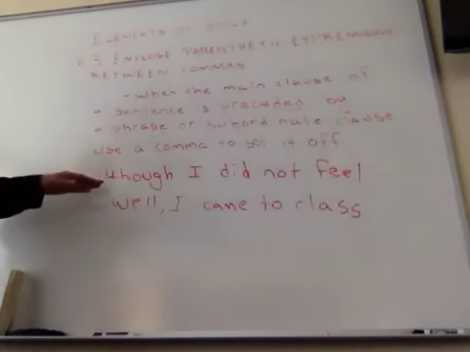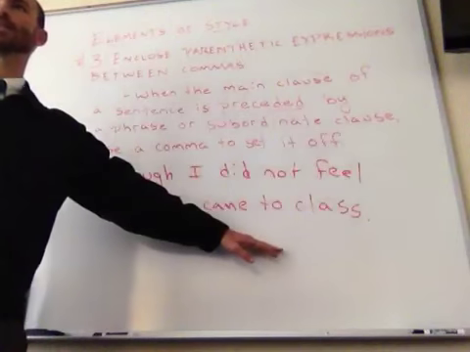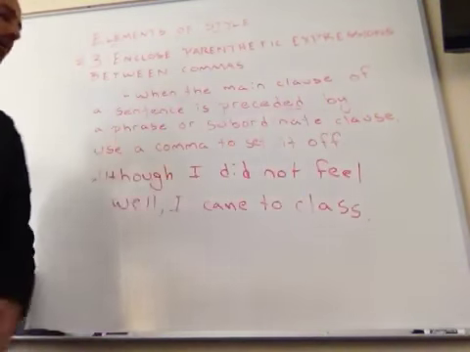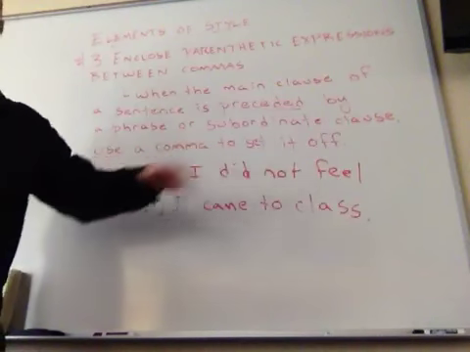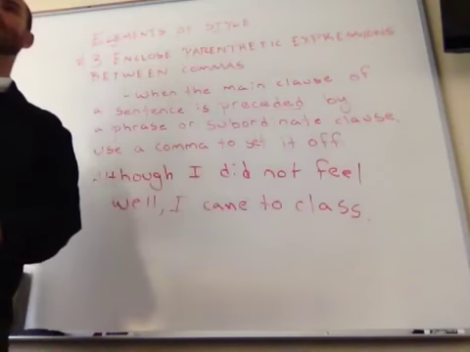So you notice how essentially I have a subordinate clause, although I did not feel well, comma, I came to class. That's correctly punctuated. If I switch it again, I came to class although I did not feel well, I don't need a comma, because the independent clause comes first.